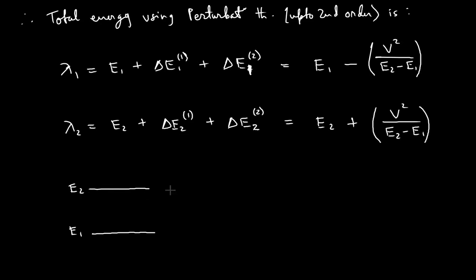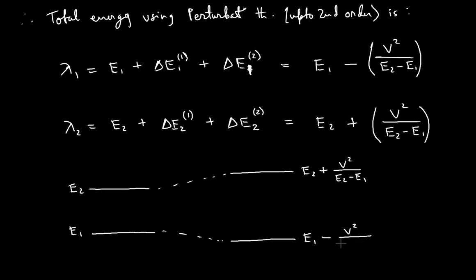Finally what we have here is again two states whose energies are: this is basically lambda 2, E2 plus V square divided by E2 minus E1, and this one is E1 minus V square divided by E2 minus E1.